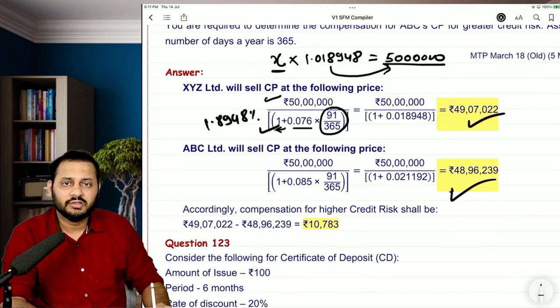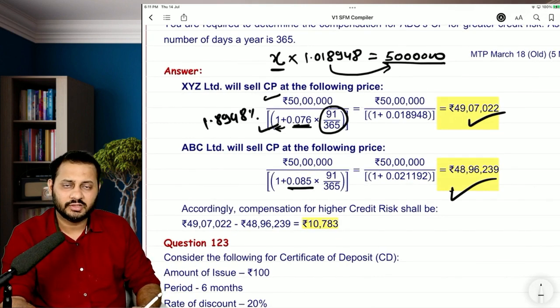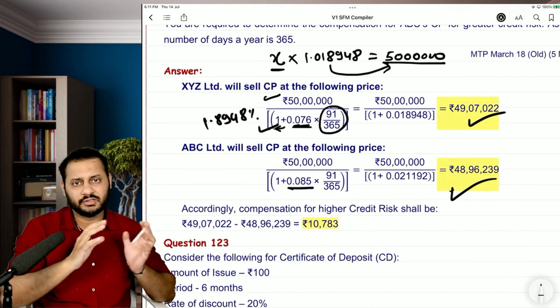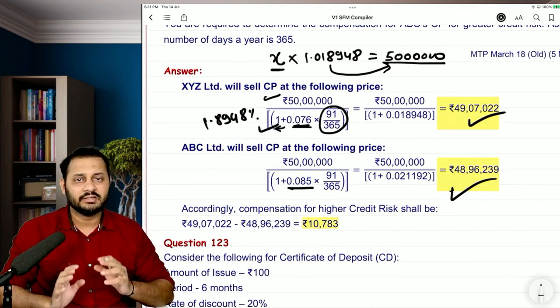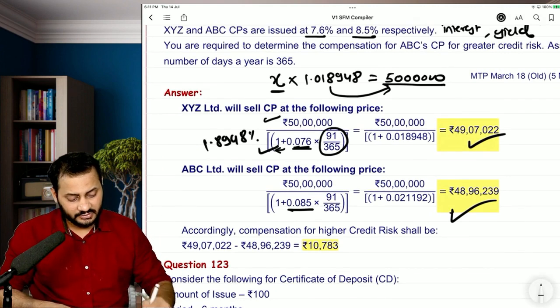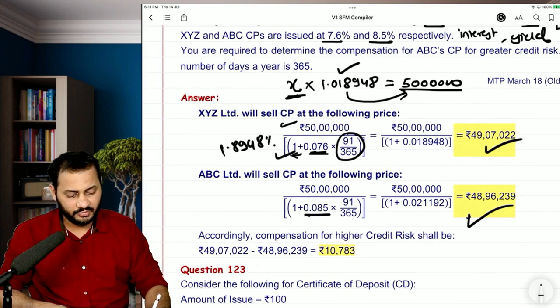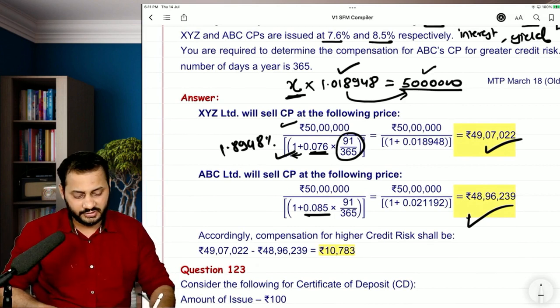And in this, what is the matter? 8.5%, 7.6%. That's it. First step, convert the 365-day rate to 91 days. And then understand that the formula should be like this: X into the rate should be equal to 50 lakhs. This is the compound amount.